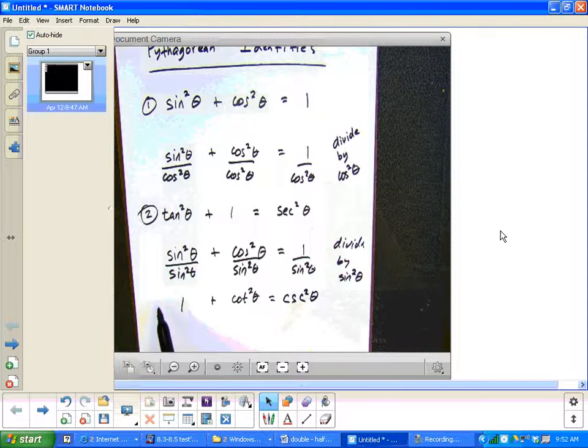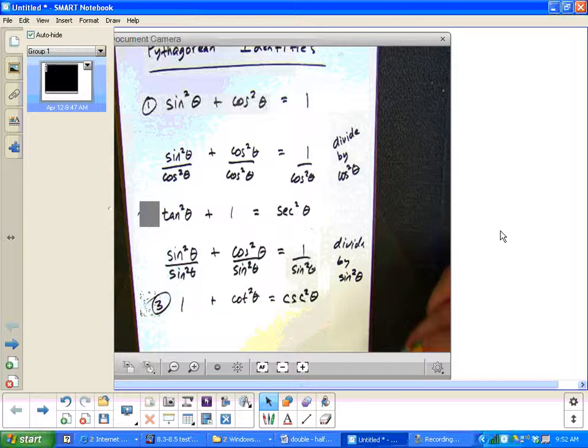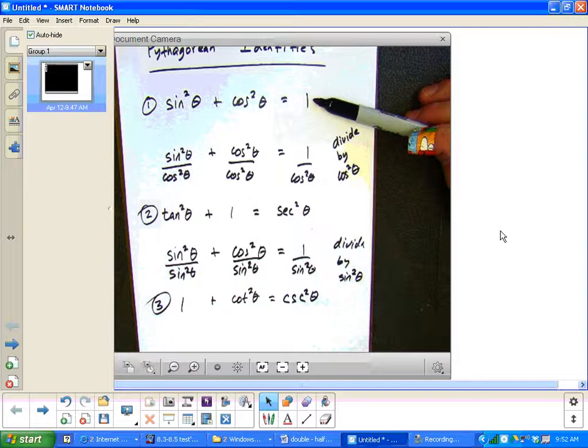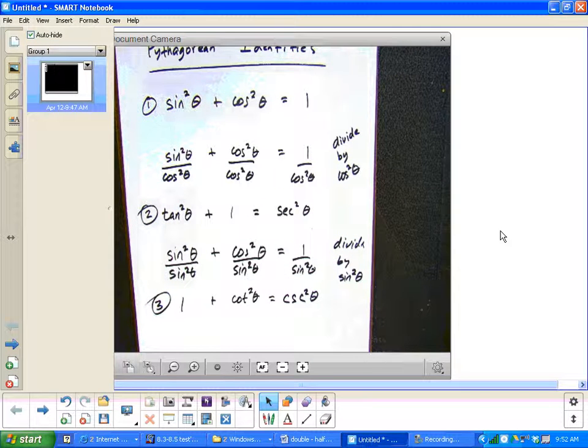That's my third one. So these are the 3 that I have to know. You have to know the first one without hesitation, and then the other 2 you can always derive. You don't really have to know them as well, but if you know the first one, you'll know the second and third.